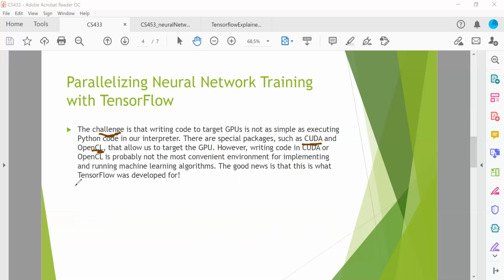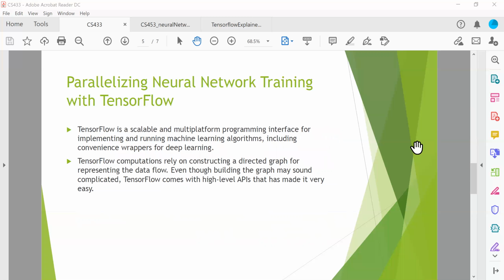So when TensorFlow came out, it was a very good platform for parallel processing for machine learning. TensorFlow is scalable and has a multi-platform programming interface. It supports machine learning, and especially for deep learning, we use it a lot.